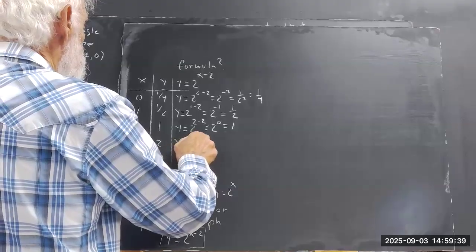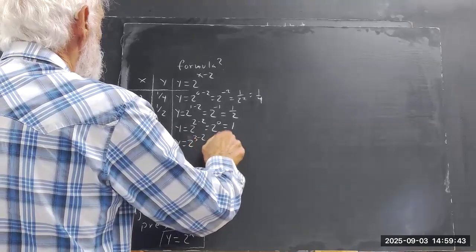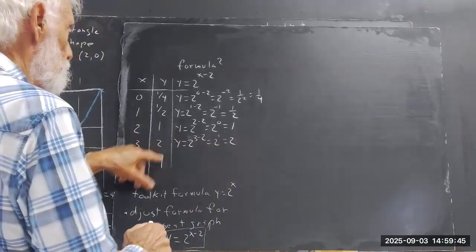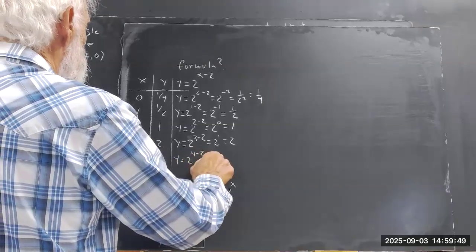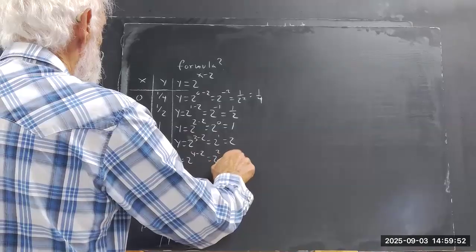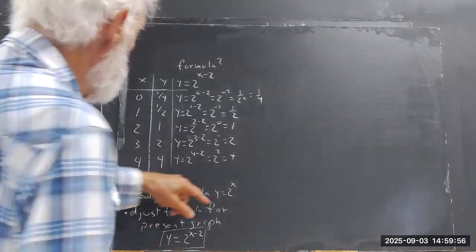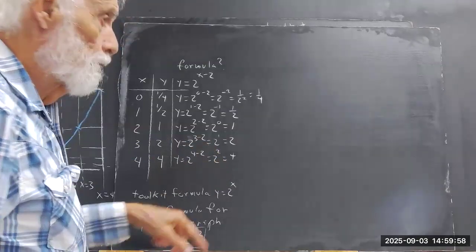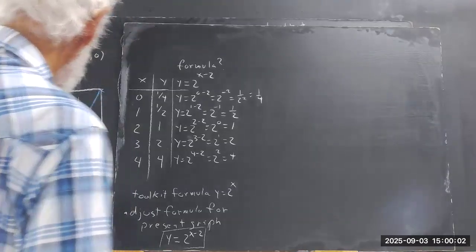Here we get y equals 2 to the 3 minus 2, 2 to the 1, that's 2, and that works. And then y equals 2 to the 4 minus 2, which is 2 to the second, which is 4. That works.